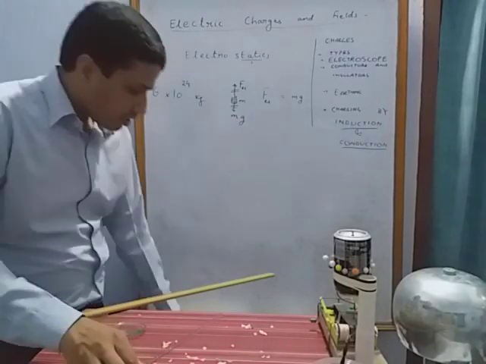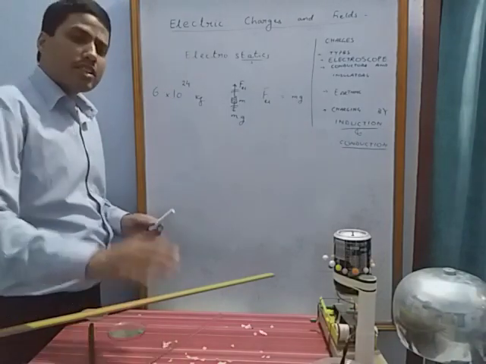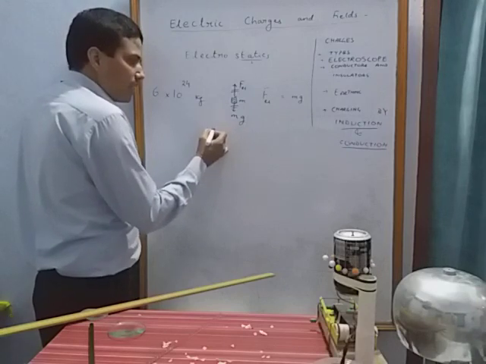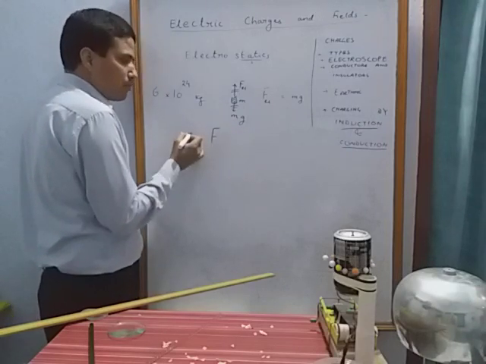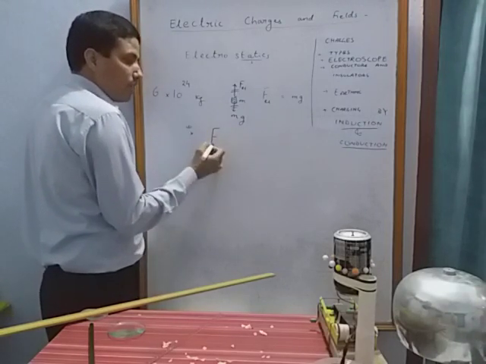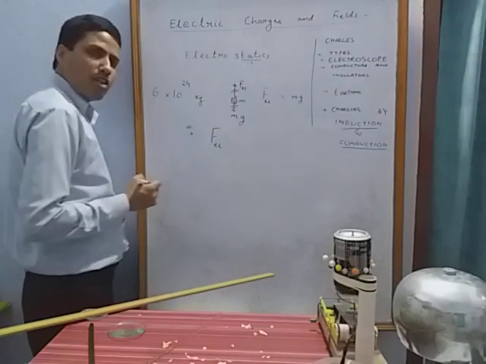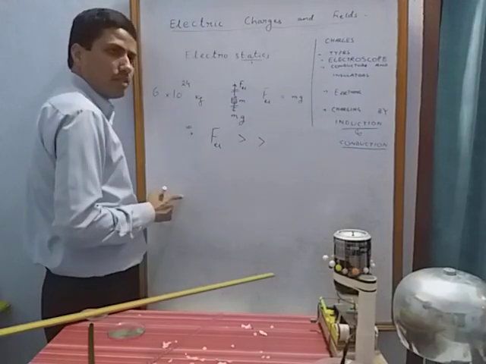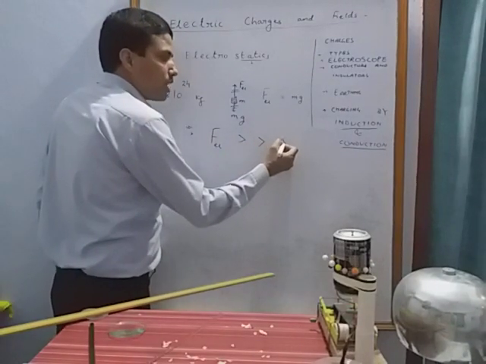And that concludes. Of course, we will discuss later on in properties of charges, but one thing for sure you can say, very important: electrostatic forces, electrical forces, are very, very large compared to gravitational forces.